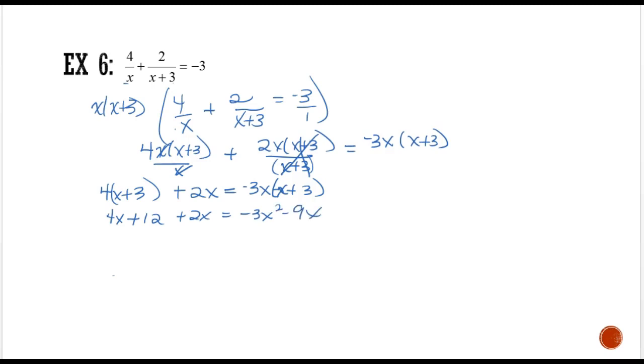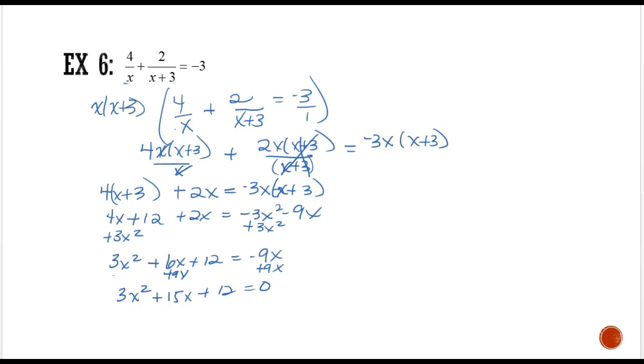So I want to combine like terms. I want to move that 3x squared over here. So I'm going to have 3x squared plus 6x plus 12 equals minus 9x. So if I add 9x to both sides, I then have 3x squared plus 15x plus 12.